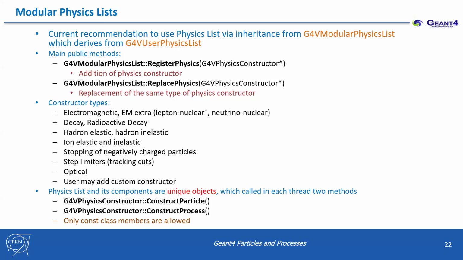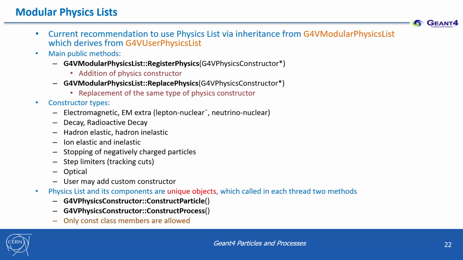We have types. Electromagnetic, which is basic electromagnetic interactions. Electromagnetic extra, for example, lepton-nuclear and neutrino-nuclear. We have a module which is responsible for decay and another module for radiative decay.